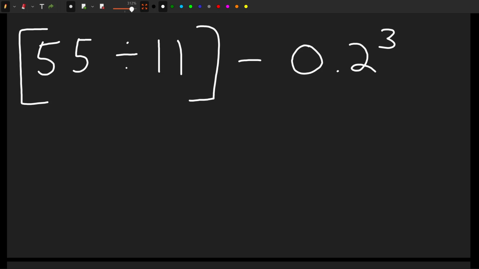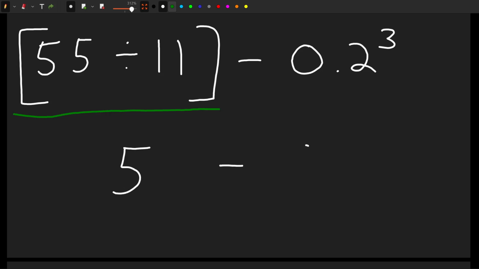We have parentheses, but in this case we have brackets. We're looking for any grouping terms. And so the first thing I see is 55 divided by 11. And so inside of here, we now have to apply PEMDAS again. Although in this case we only have one operation, which is division. And so 55 divided by 11 is just 5.